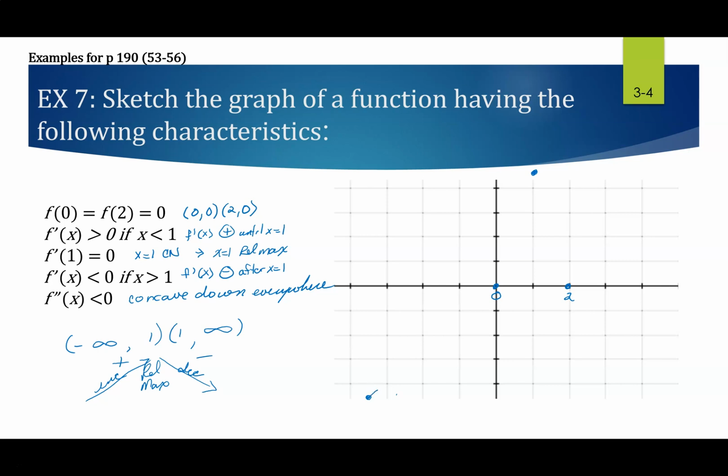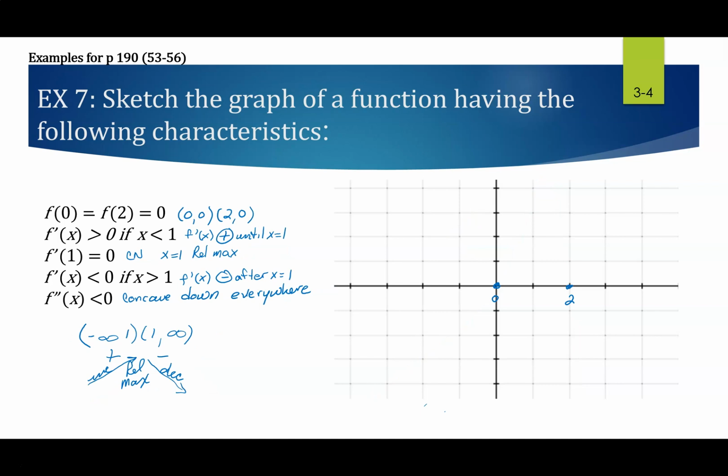Watch what has to happen in order to reach that point. Look at my concavity in order to reach that point. That is concave up. And so that's a problem because that's in conflict with the information I know. So I'm going to erase this and we're going to try again.